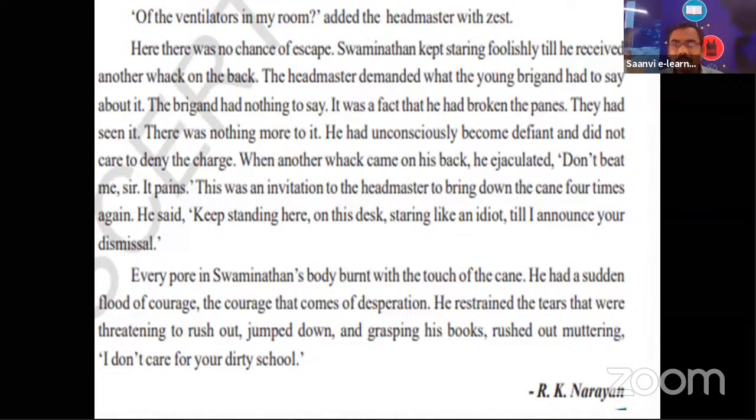Swaminathan cannot beat him back because he is the headmaster of the school. If it were his friend, Swaminathan might punish him back or fight him back. But he is the headmaster. And then he said, "Don't beat me, sir. It pains. I'm getting a lot of pain on my back. Already you have punished me 3 or 4 times."